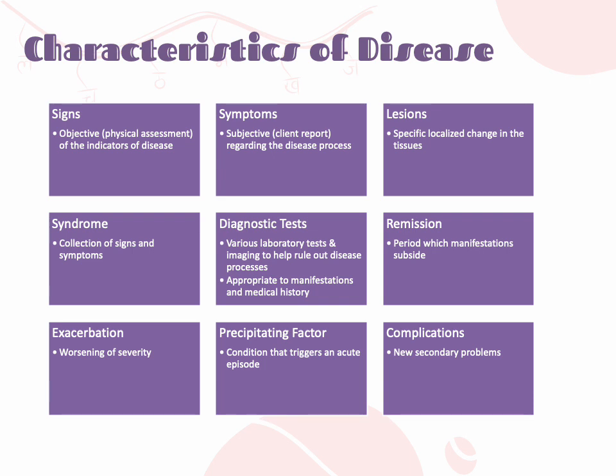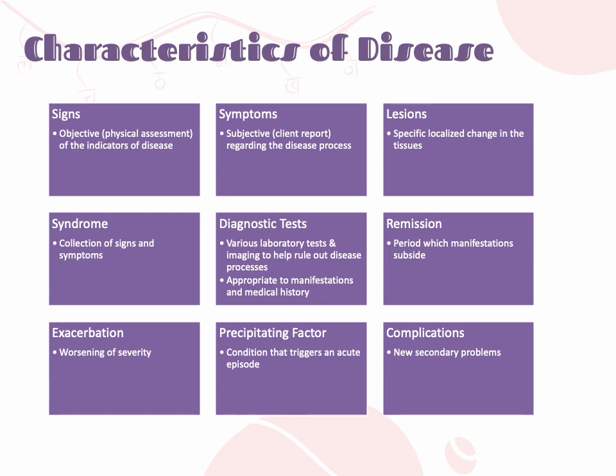Their symptom is that they state that they're short of breath. So that's a little bit different. Now, as the clinician, you can also observe shortness of breath, but if the client does not report it and you observe it, that makes it a sign, and we call that dyspnea. Whereas again, once the client reports it, then that's where it becomes a symptom. So there's a little bit of variance there.